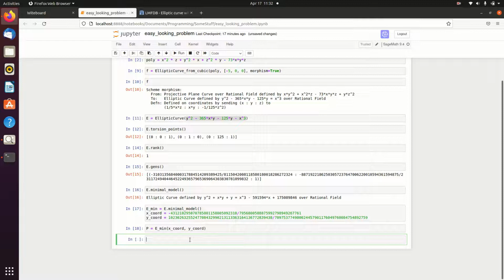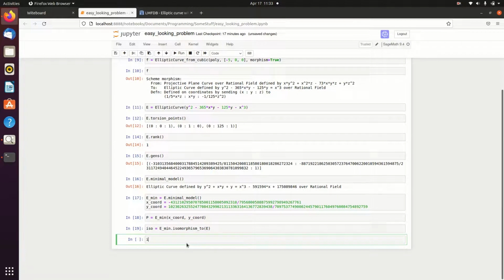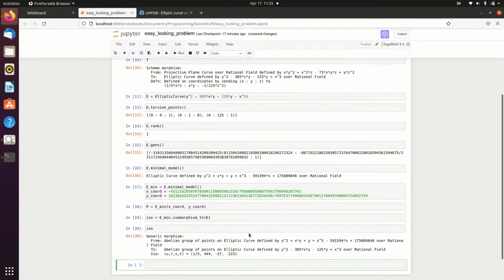Okay, so that's our point, and now we can go back to this curve, and we do this by defining an isomorphism. So we want an isomorphism from the minimal model; you also see there are methods for isogenies and stuff like that. Then we have an isomorphism to E. That's the isomorphism, and now let's see what it actually is.